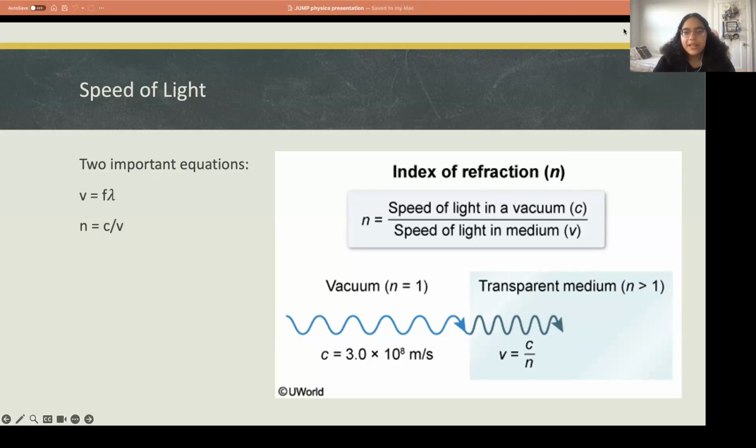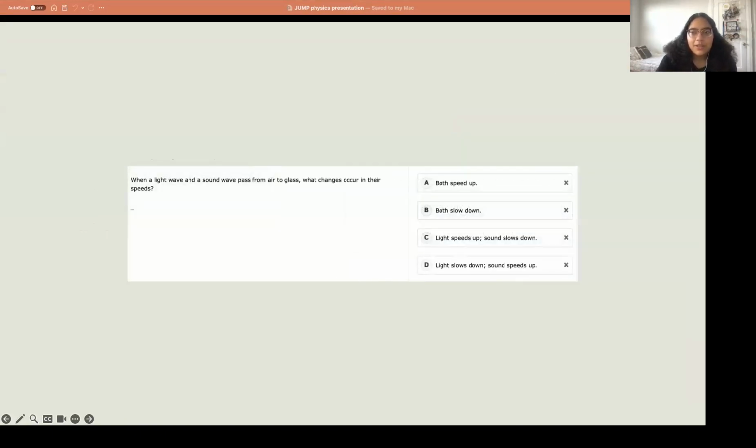I think for water the index is about 1.33, so it would be that divided by the speed of light in water. It's always faster in a vacuum, so the index is always above 1. Air is about 1.003, barely different from a vacuum. The higher the index gets, the slower the speed of light is in that medium. You're going to need the index of refraction for Snell's law later on.